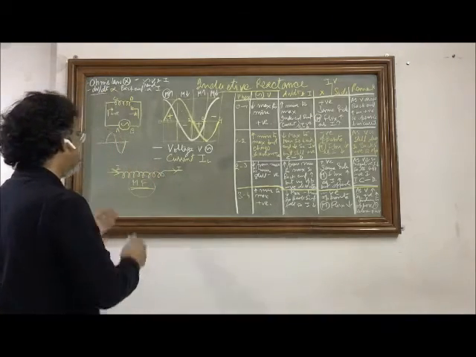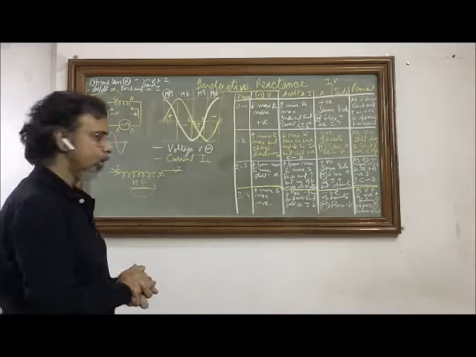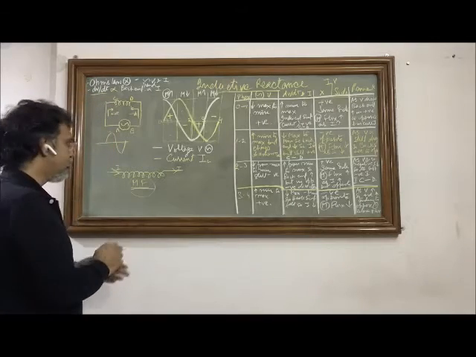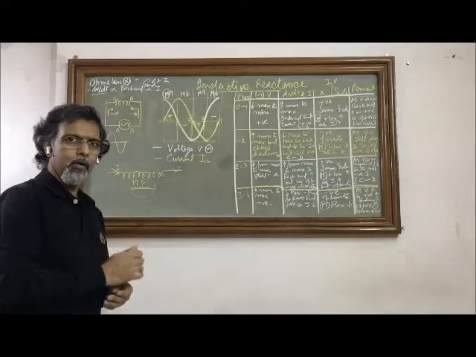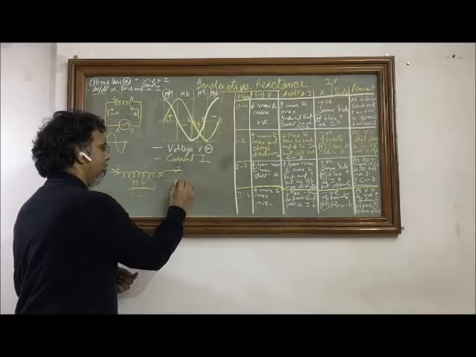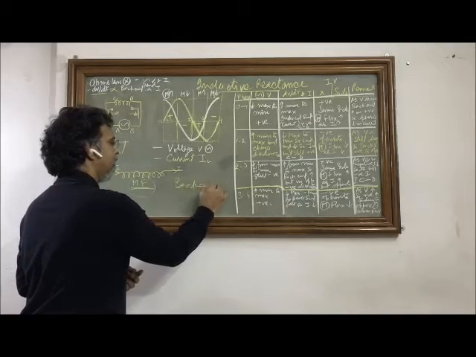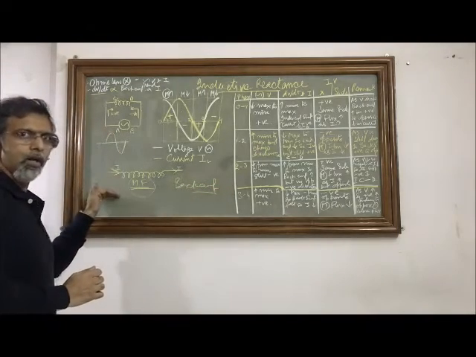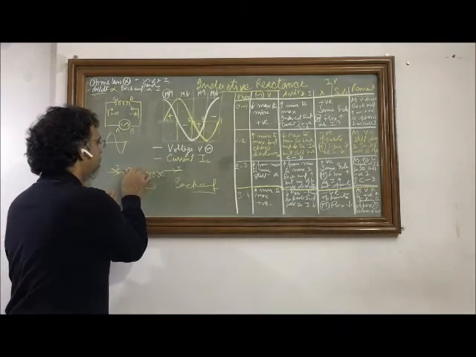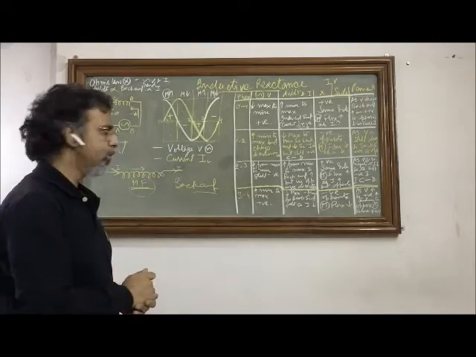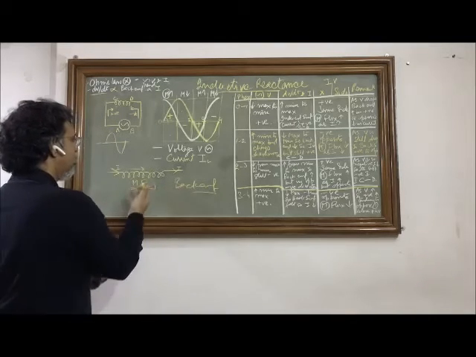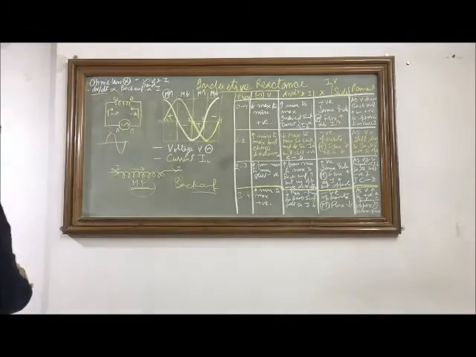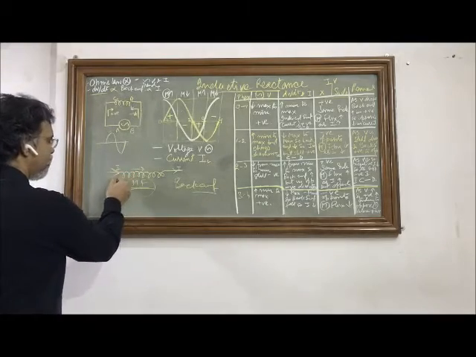In both situations, this coil will try to oppose the change that is happening in the current, which means if there is a decrease in the current, this coil will set up an electromotive force or EMF called back EMF, such that this reduction in the current is opposed and the current in the coil tries to maintain its initial value. The back EMF is so developed that the decreasing current will be supported and we will still have current in this direction.